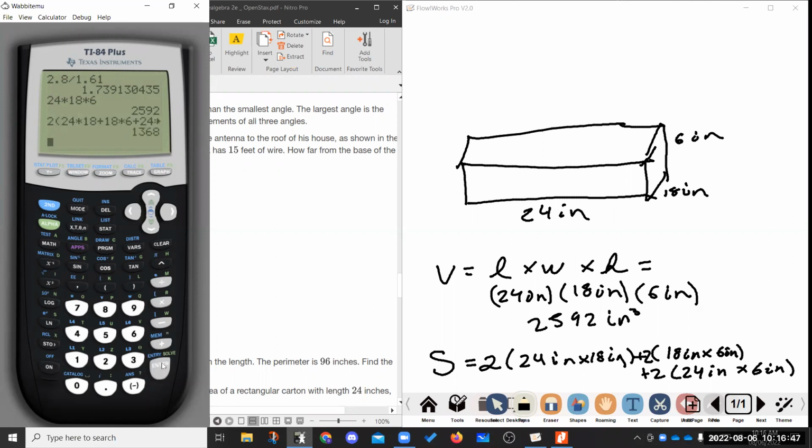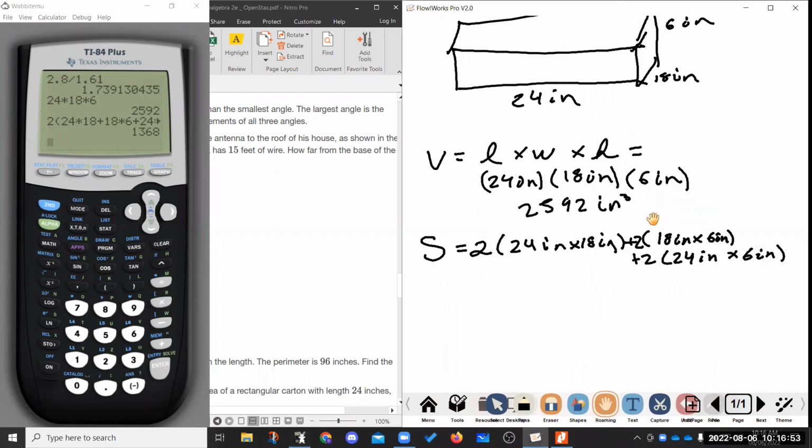And we get that this is going to be equal to 1,368 square inches. This is square inches because this is area. This is cubic inches because this is volume. This is 2-dimensional. This is 3-dimensional.